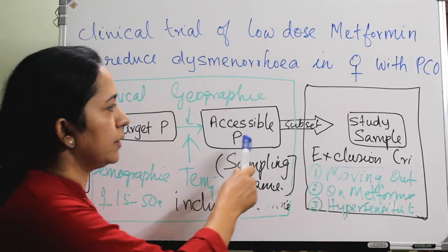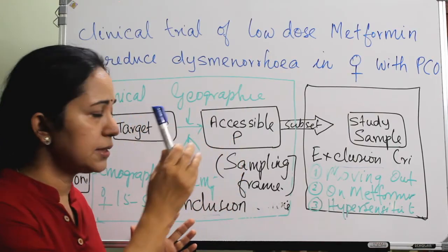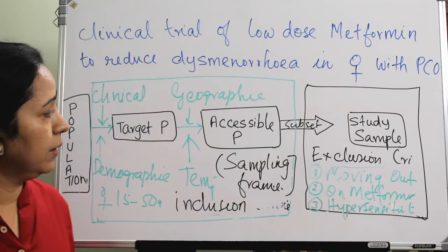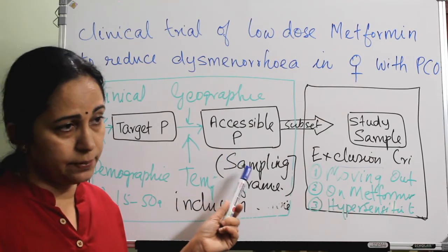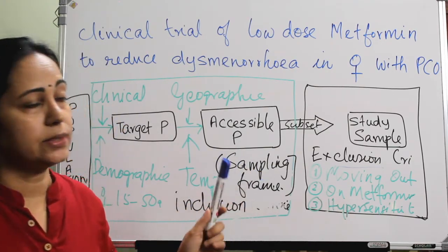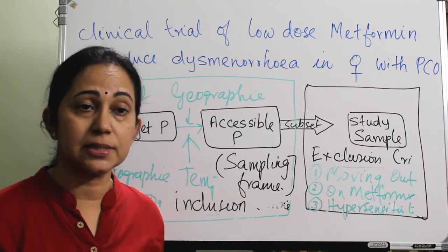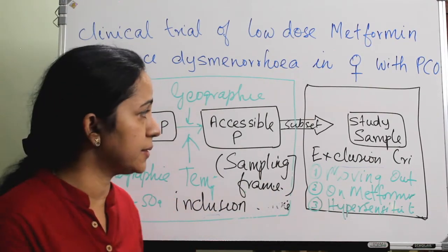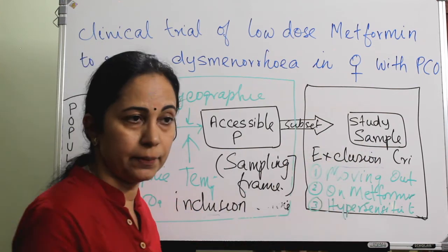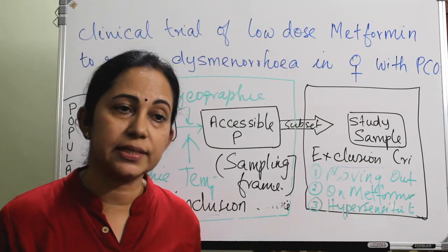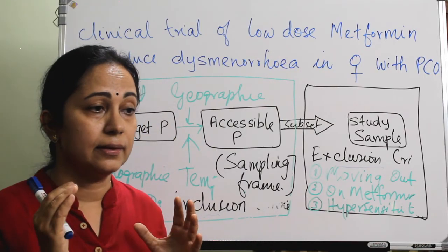Okay, and the sampling frame is a list of all study samples from the accessible population, and from this accessible population, depending upon the sampling methods and depending upon your sample size, you select the study sample and also look for the exclusion criteria.